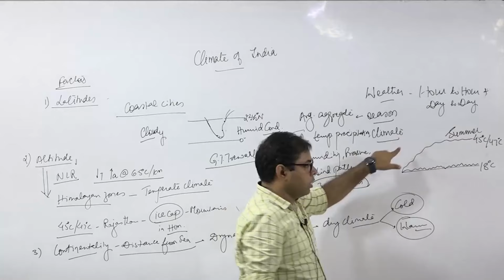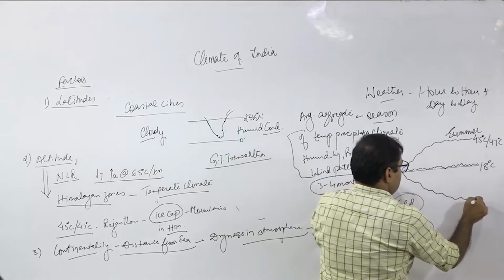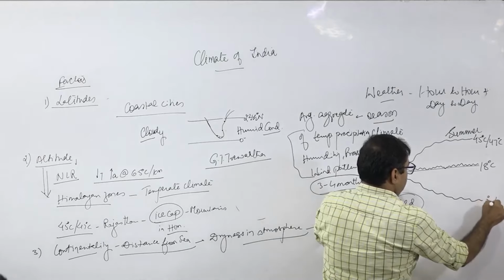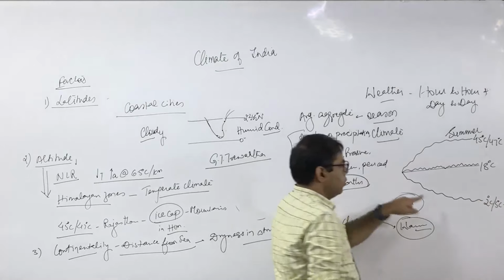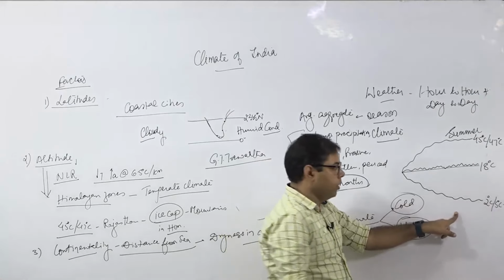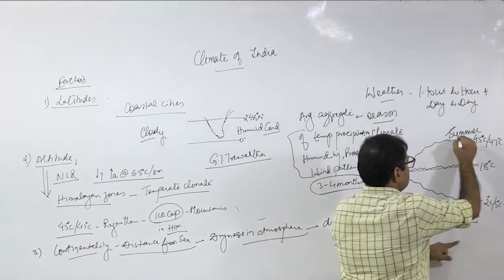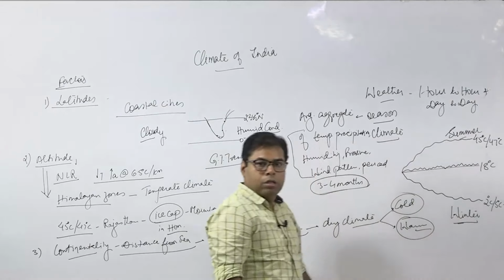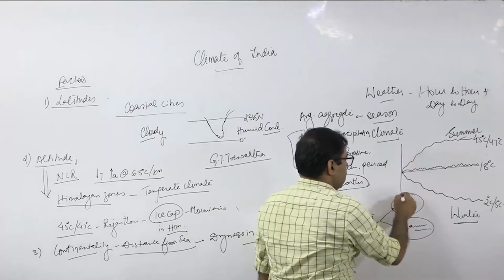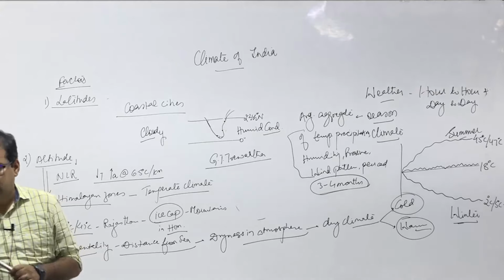Extreme summer. Temperature decreases to 2 degrees, 5 degrees, 3 degrees. तो ये क्या हो गया? This is winter. Means what? This is summer, this is winter. समझ में आ गया इसको डायग्राम से यहाँ से? Are you getting this diagram?